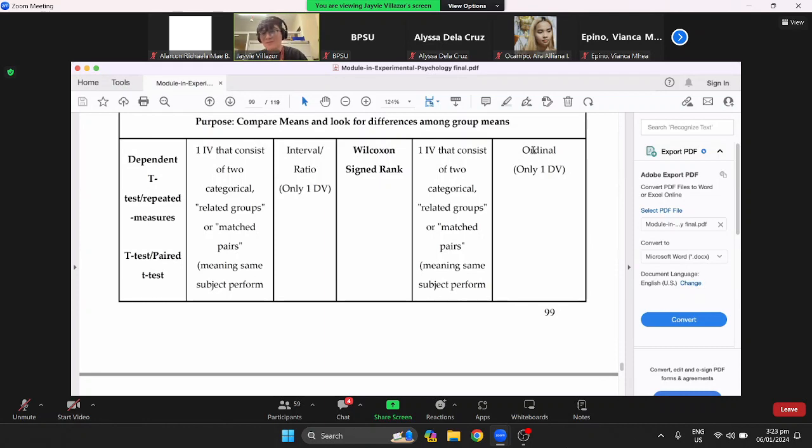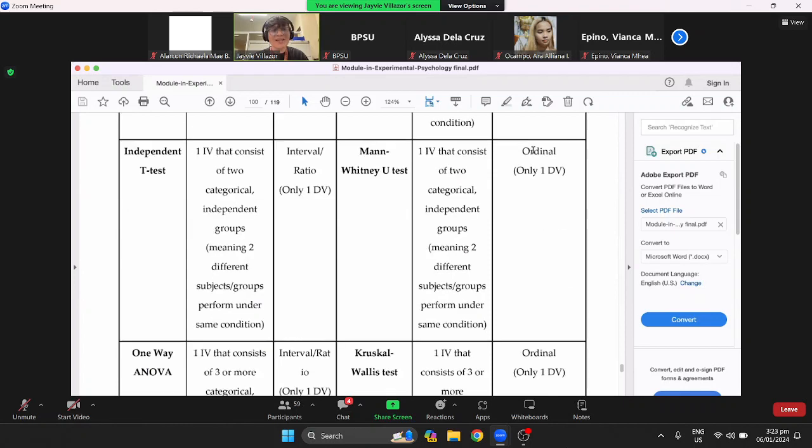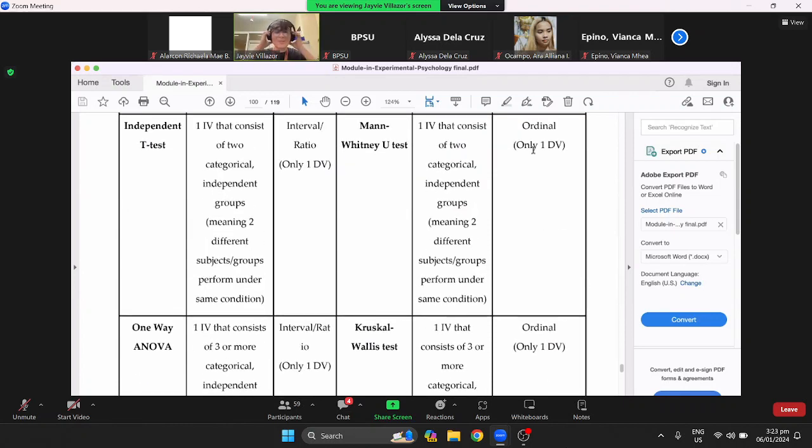Okay po. Ayun. Next naman, punta naman tayo kay independent t-test. Si independent t-test, we're gonna compare ilan? Ang independent variable mo ay consist of 2 categorical, pero ang groups mo ay hindi na dependent, but rather they are independent groups.